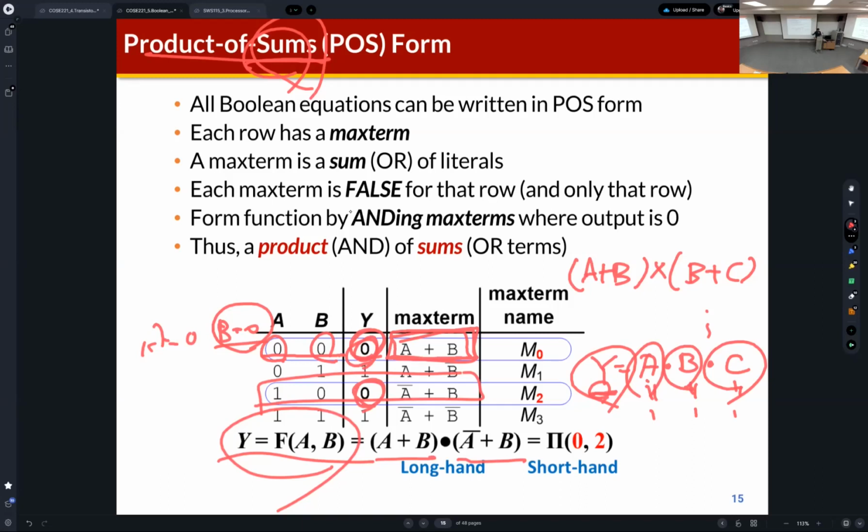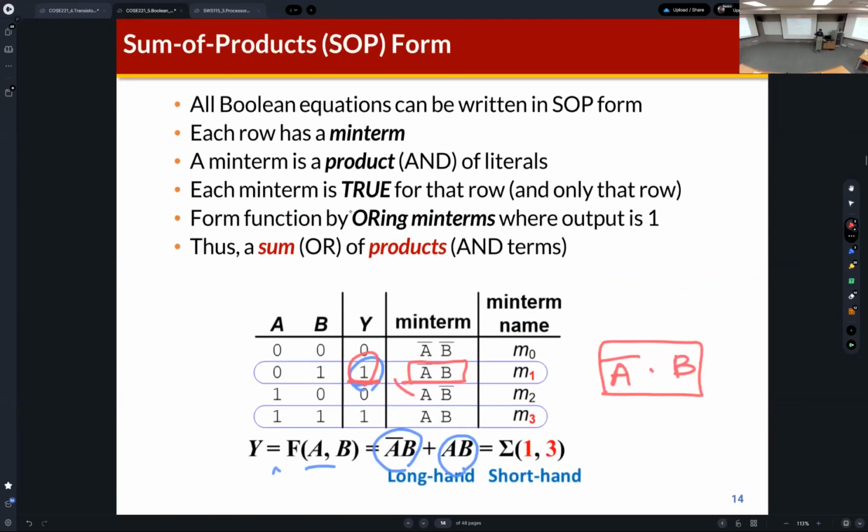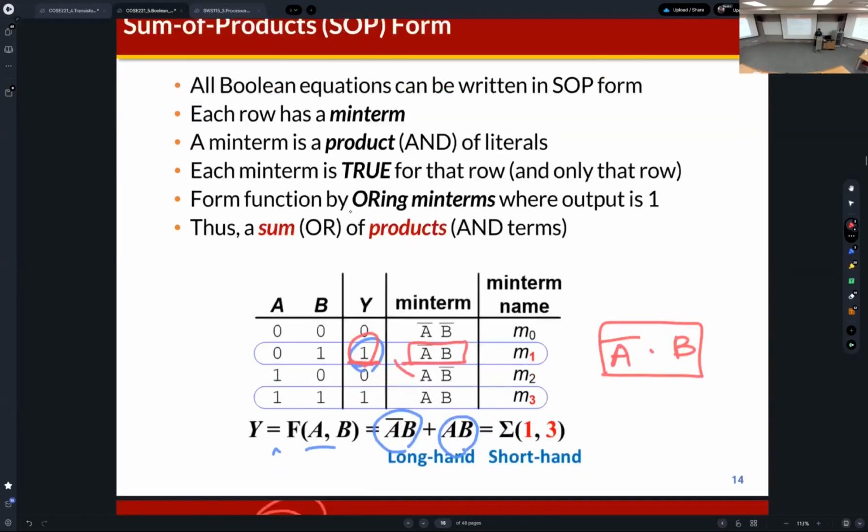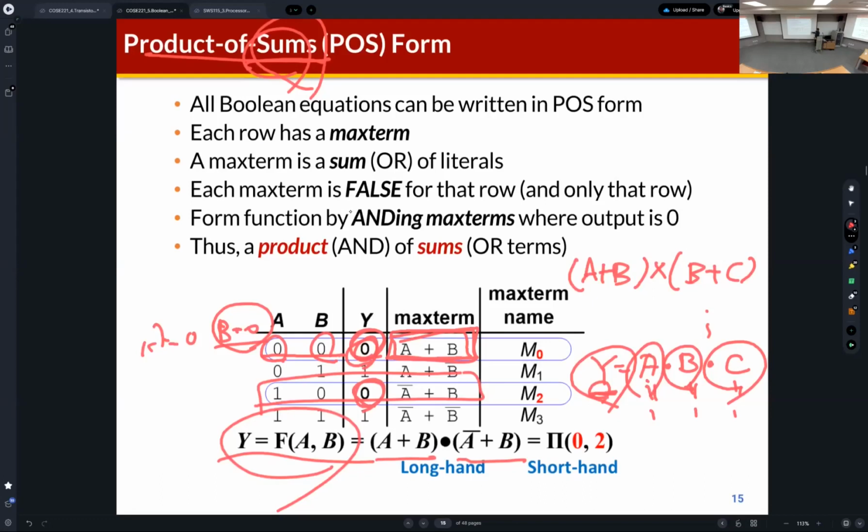Okay, so which means, in order to generate SOP form, we need to find the min term that can make output 1. And in order to generate POS form from the truth table, we need to find the max term that can make y 0.